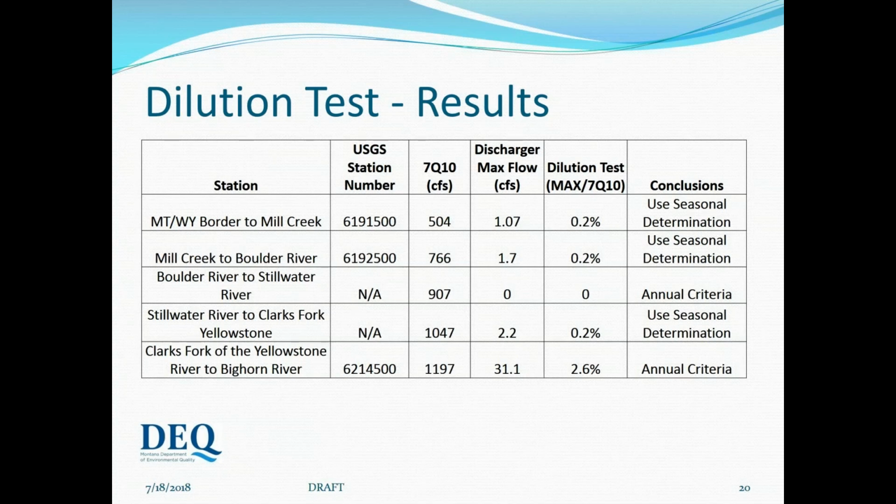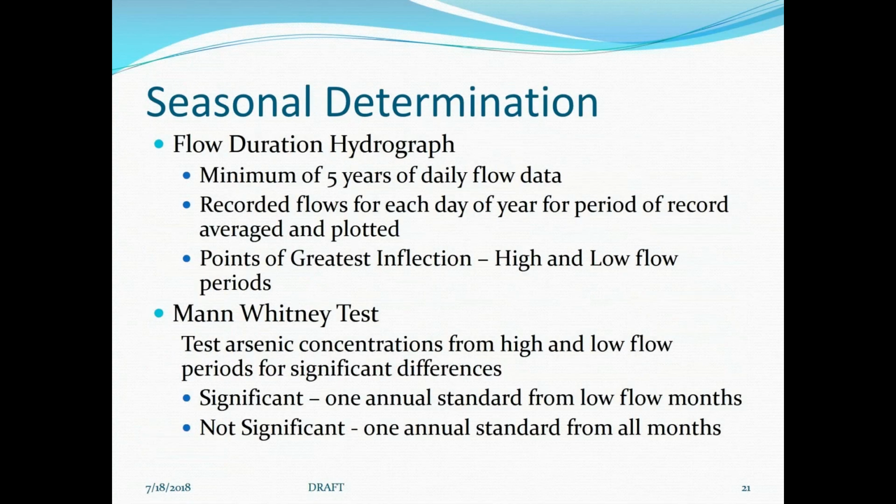And so we can move on to the seasonality test to determine whether we can allot an annual criteria based on low flow. And for segment 5, because the discharge volume was so great, because we had to add all 5 discharges together, it is greater than 1%, and so for that segment, we would default to the annual criteria.